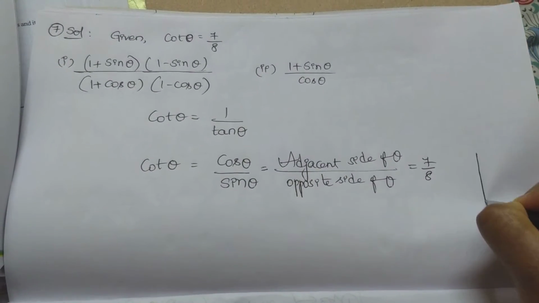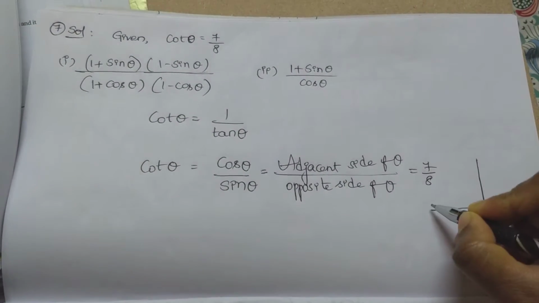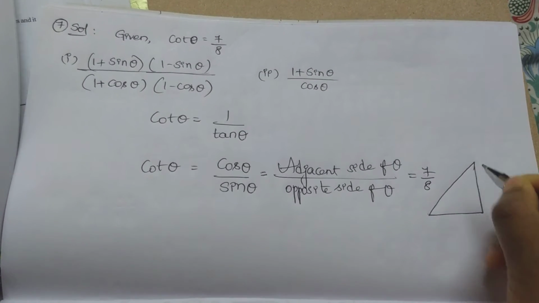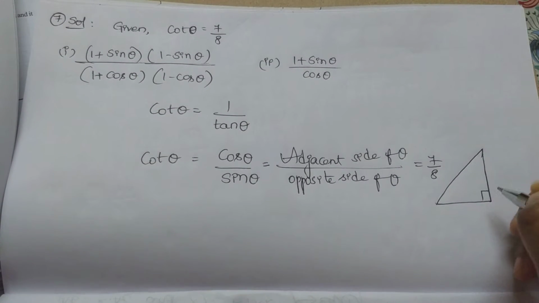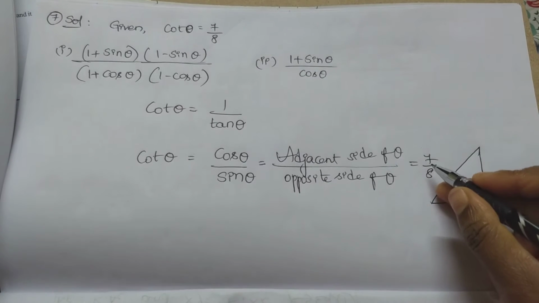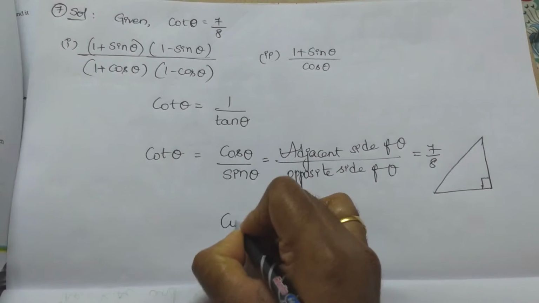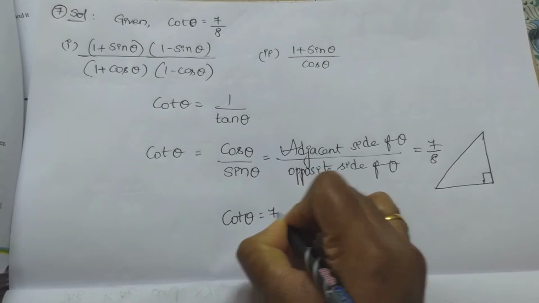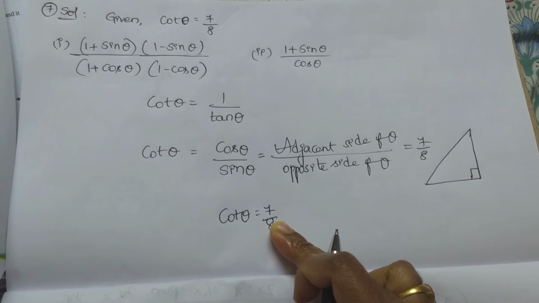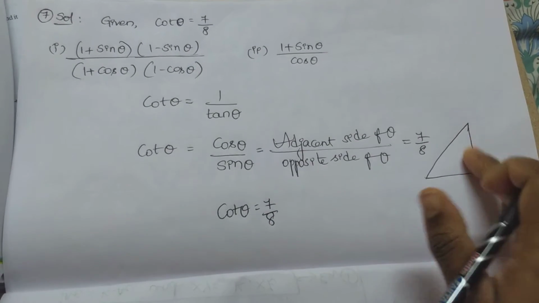Since it is a right angle triangle, they have given the adjacent side and opposite side. So cot theta equals 7 by 8. They have given the ratio, but we don't know the exact values of the adjacent side and opposite side.